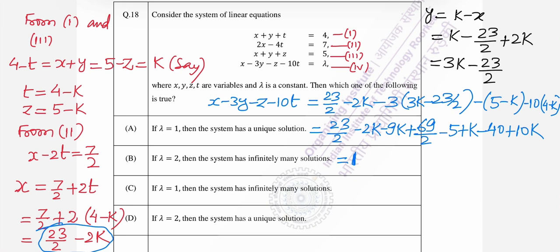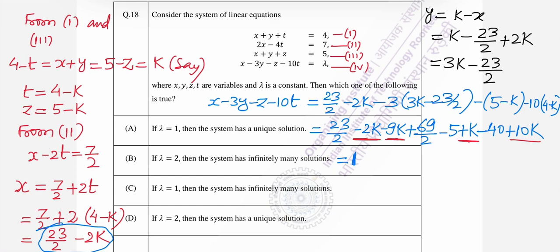So the terms without k is 1. Now we work for those terms which have k. So here you see, I show you in red. Minus 2k minus 9k is minus 11k, and here plus k, it means minus 10k, and here plus 10k, so minus 10k plus 10k is 0.